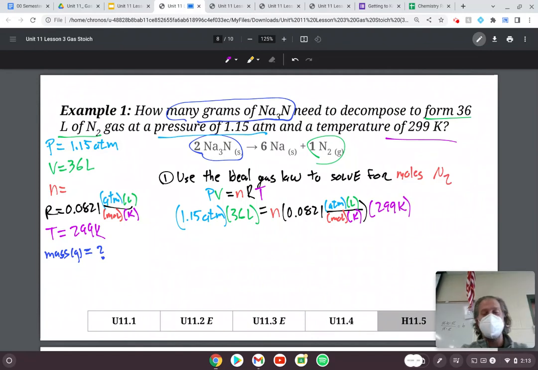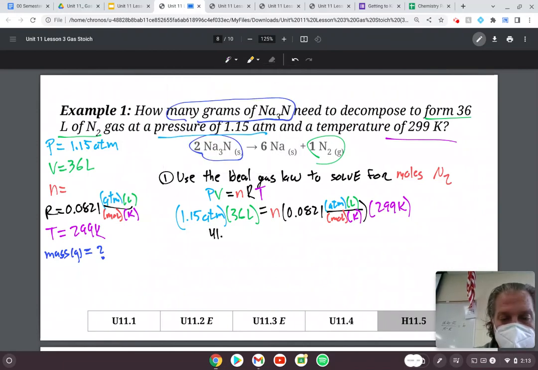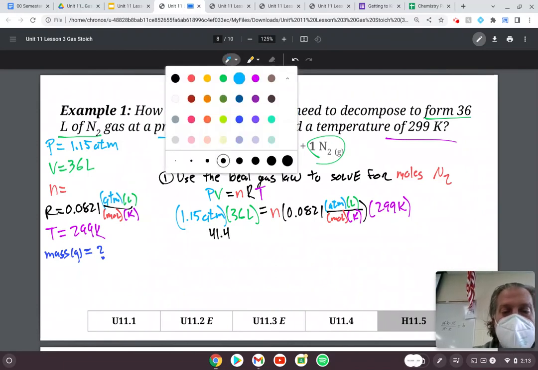And just like we did yesterday, we are going to simplify what we can. I'm going to take 1.15 times 36, and that gives me on the left side 41.4, and my unit would be atm liters.